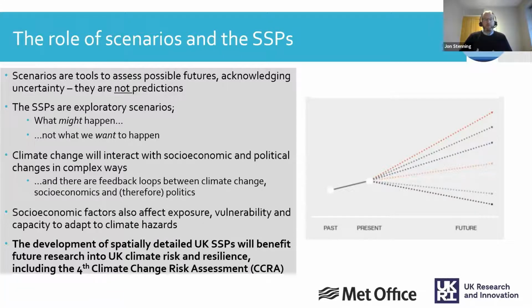So we can see there's a lot of links between the socioeconomic system and the risks and impacts of climate change. So this piece of analysis is aiming to feed into that. And in particular, the development of the spatially detailed SSPs that we're doing here will feed into the fourth CCRA and the work that starts on that.